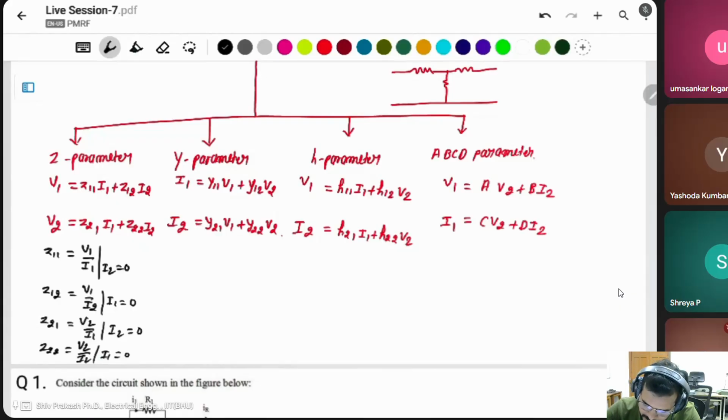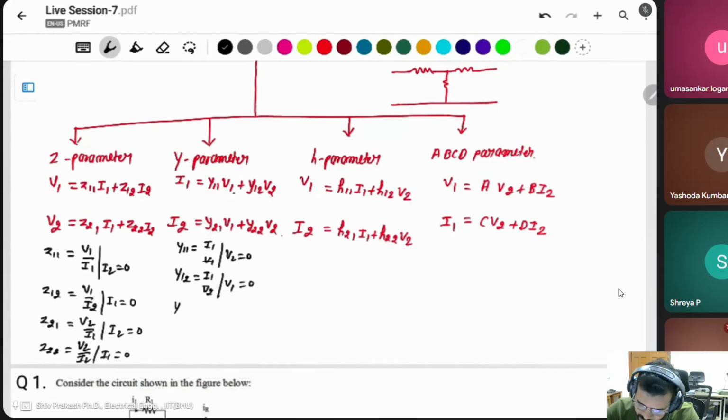Same thing for the Y parameter. Y11 is equal to I1 by V1, with the remaining being 0, V2 is equal to 0. Next one, Y12 is equal to I1 divided by V2, when V1 will be 0.